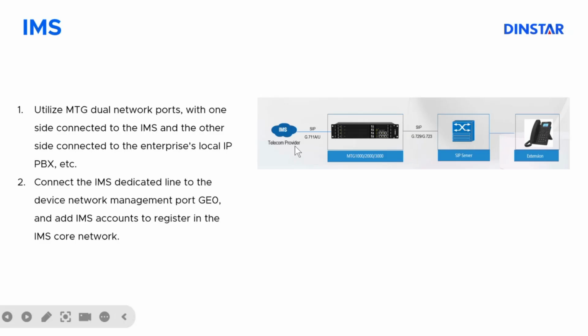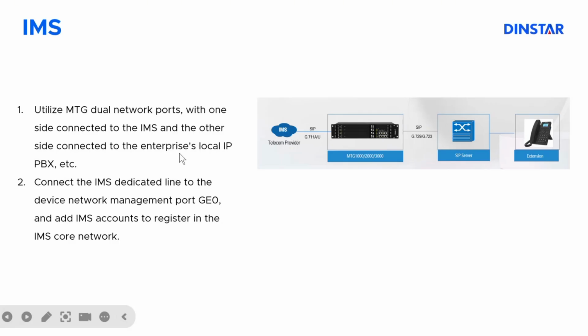So let's talk about the IMS integration. As mentioned earlier, with our network interface and the transcoding or hybrid modes enabled, like the traditional E1 mode or the transcoding mode, the MTG can connect to different IP platforms on each interface.